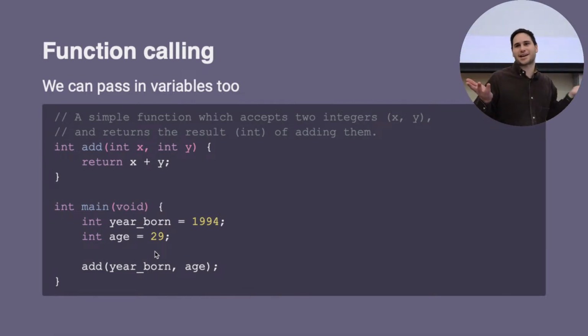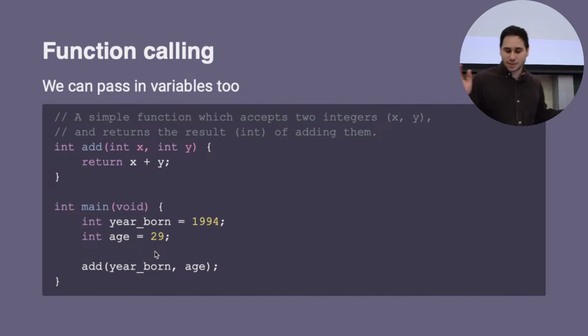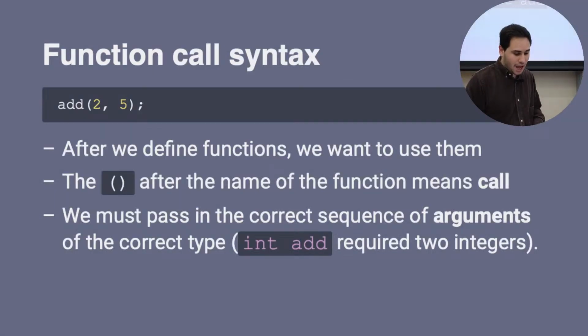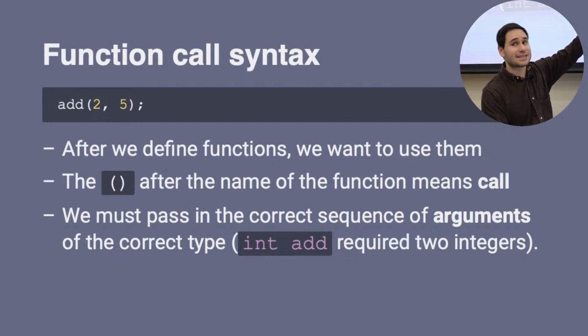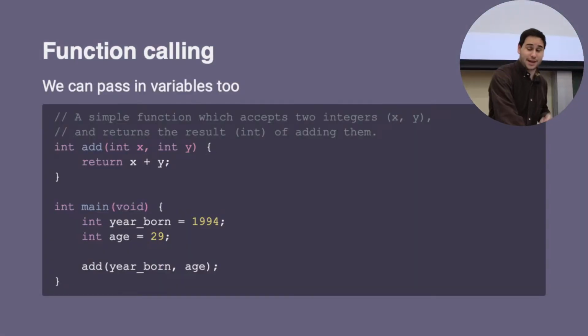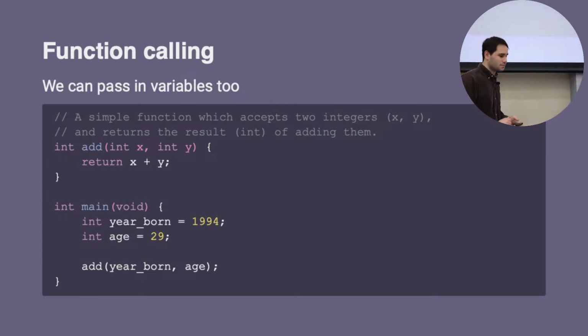Does that hold up? And the answer is absolutely. I can call it with variables, I can call it with integer literals, doesn't matter. In fact, that could be an expression. I could call add 2 plus 2, comma, 2 plus 2, which will be 8. We can do whatever we want.